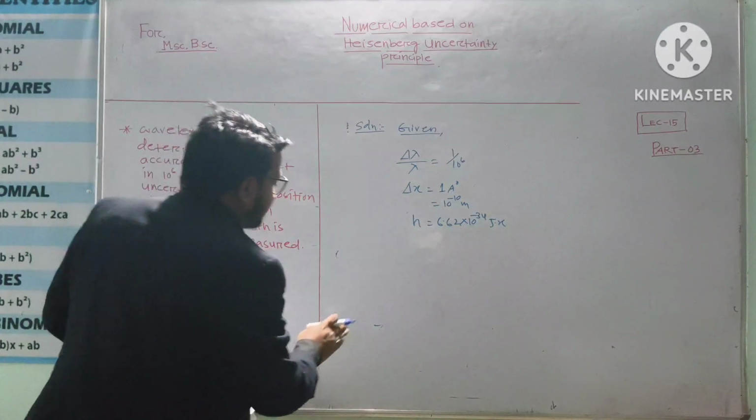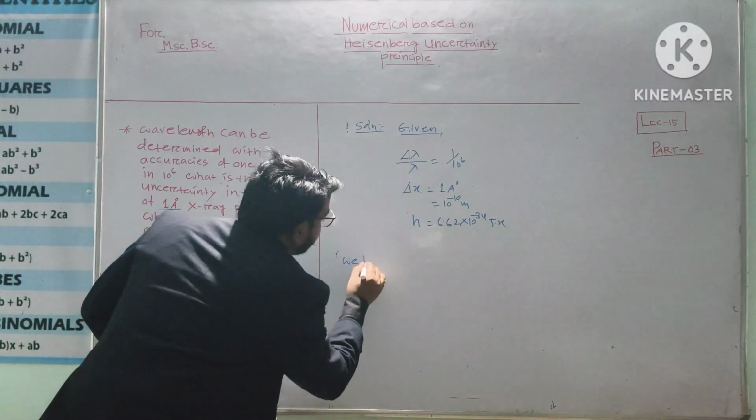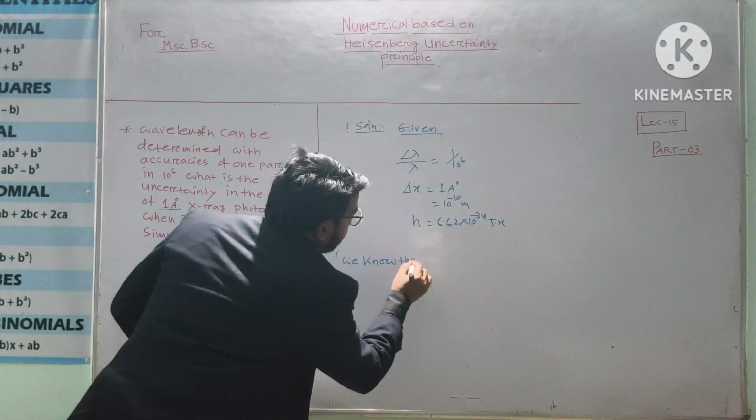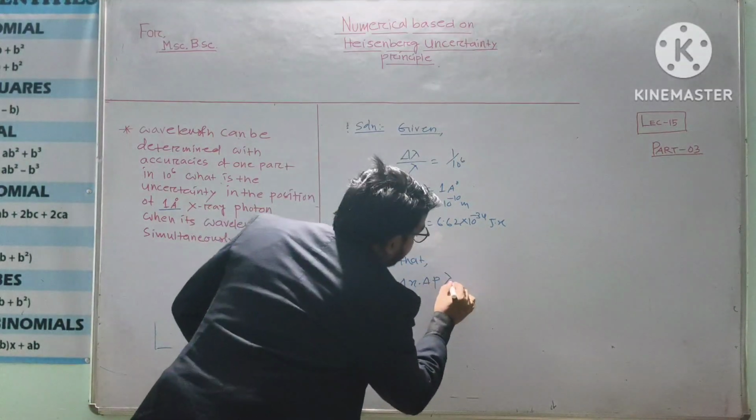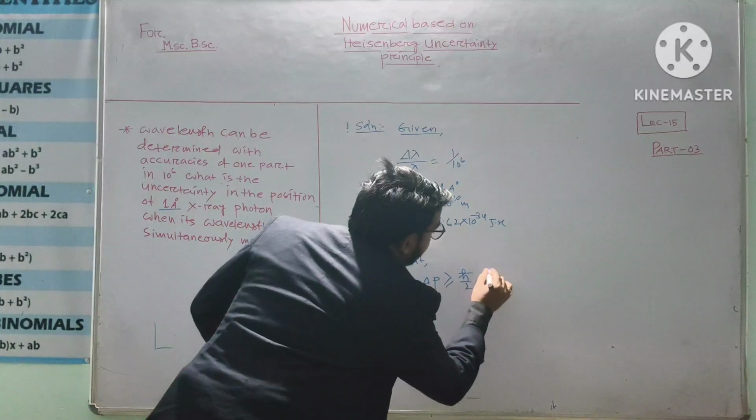By using Heisenberg uncertainty, we know that Δx × Δp ≥ h/2π... that is, h/4π.